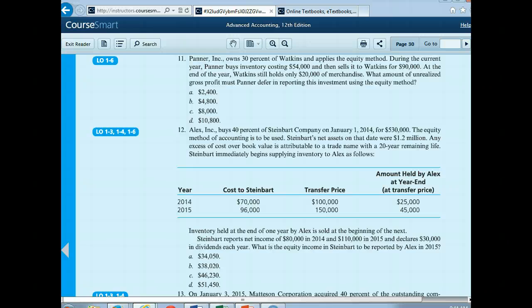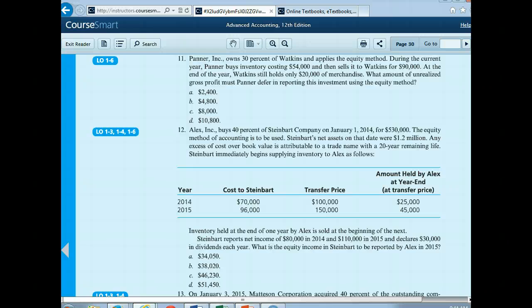Steinbart immediately begins supplying inventory to Alex as follows. So they tell us the cost to Steinbart, but then what they sold it for. So the first one, if we look here, the gain on this transaction is $30,000. $30,000 gain divided by the transfer price of $100 would mean a 30% profit, right?